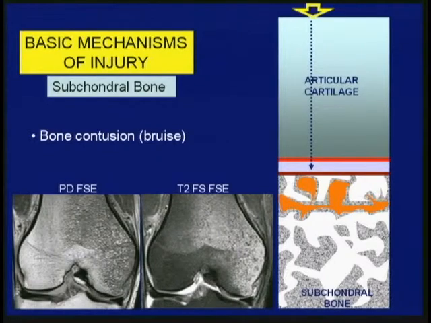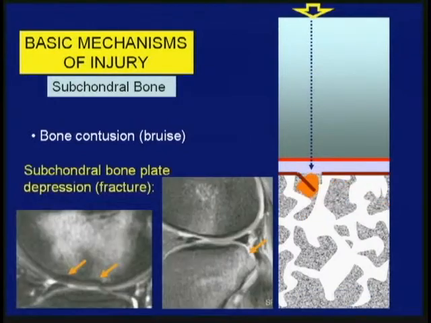Now, when you see these bone contusions, particularly those that extend to the end of the bone, as you would expect with an internal force, you must closely look at the subchondral bone plate. Because if you see irregularity or depression of that subchondral bone plate, you're dealing with more than a bone contusion. You're dealing with a fracture, an osteochondral fracture.